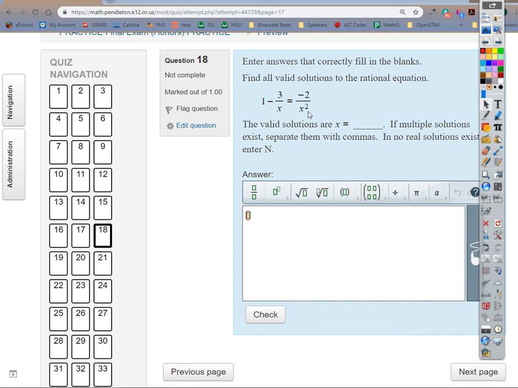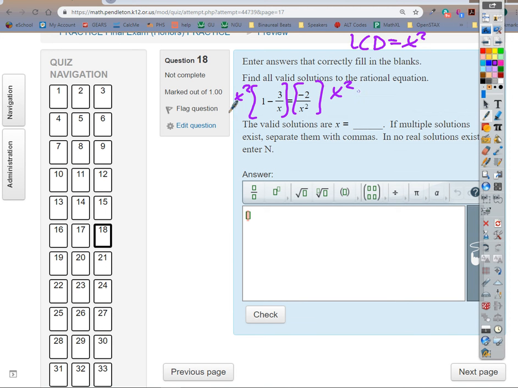So once I know what the least common denominator is, what do I do? No. I'm going to clear the fractions by multiplying through by the least common denominator, right? So if we know the least common denominator is x squared, we'll just multiply each side by x squared, right?